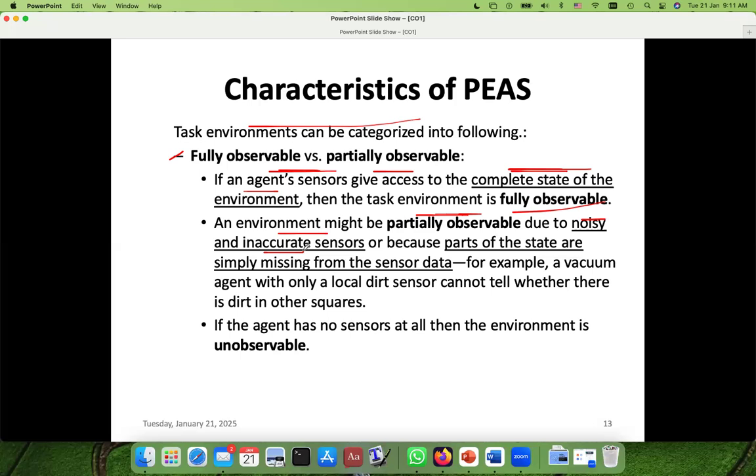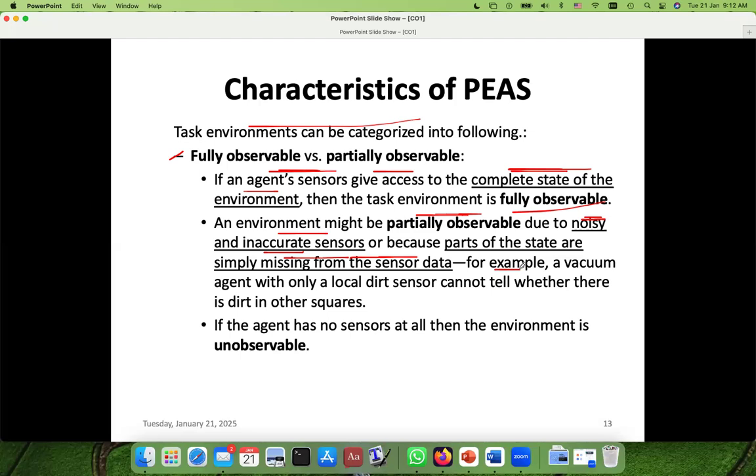So that can also be a reason. And due to the age of your sensors, it can also produce noisy data. Or if the sensors are totally missing from your agent, then it will not read anything.